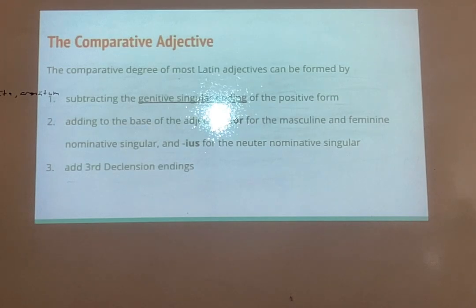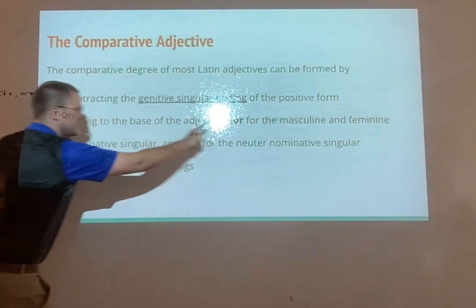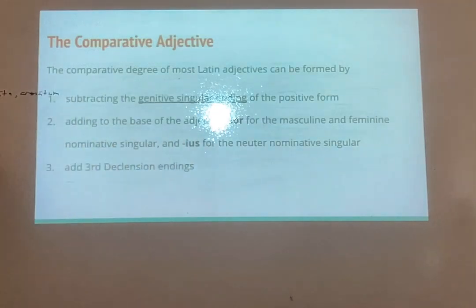It would be armati. So I just knock that off and I'm just left with the stem armat. And then you add the base of the comparative. Comparative adjectives for the masculine and feminine have ior. That's the nominative singular, ior. But if you're describing a neuter noun, instead of ior being the base for the nominative singular, you're going to have ius.